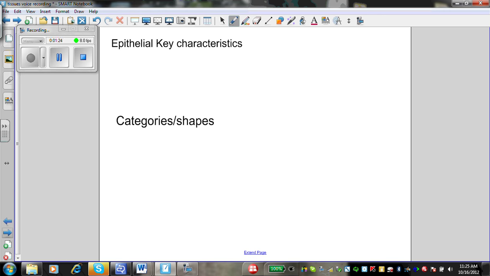Epithelial, key characteristics. Epi, prefix, means surface. So we're talking about cells that are on the surface. Remember that you are a fancy donut, so we're talking not only about the outside of you, but also the inside part of you. So here's your body.